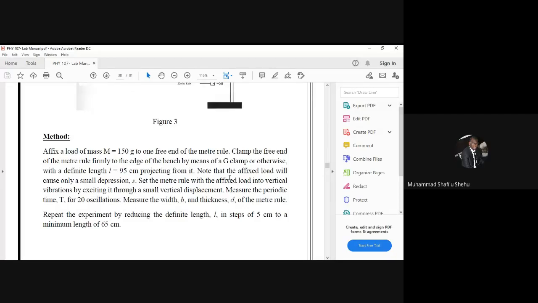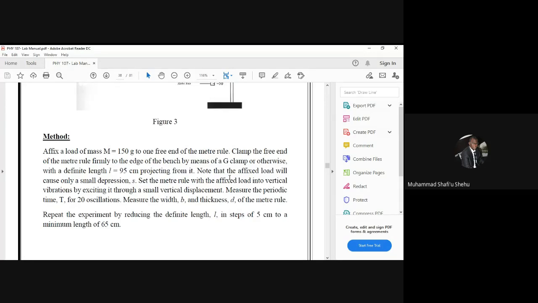Okay, Nana boy, can you read the remaining? Okay, continue from where she stopped. Repeat the experiment by reducing the definite length L from 5 centimeters to a minimum length of 65 centimeters. Okay, that means we're starting at 95 by eliminating 5. So after doing for 95, we keep removing 5 out of the length of the meter rule.